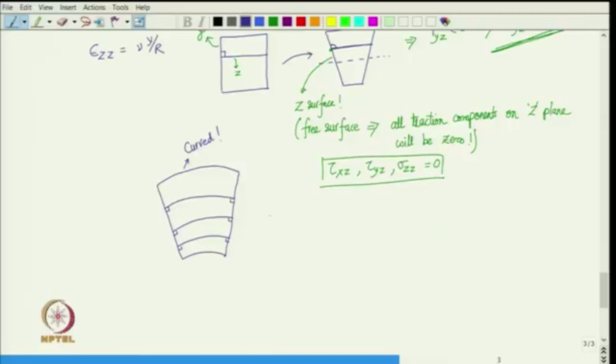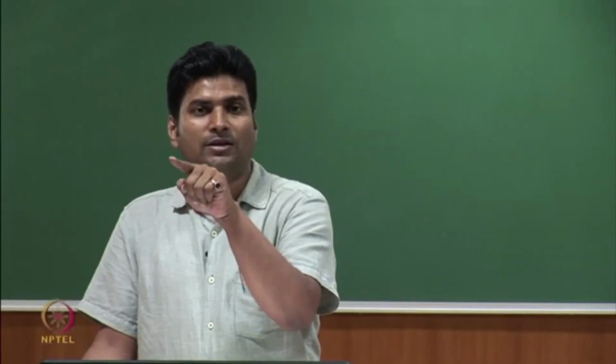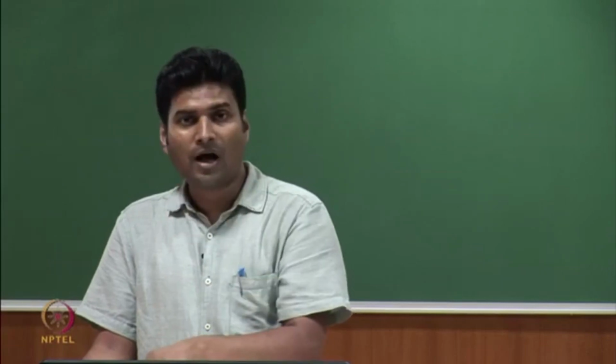And we have also found out that epsilon z z is nu times y over r, and can you recall epsilon x x was y over r, and epsilon x x was on the x lines, the longitudinal lines along the axis of the beam, they were also curved. And what was the radius of those circles? It was this big R itself.